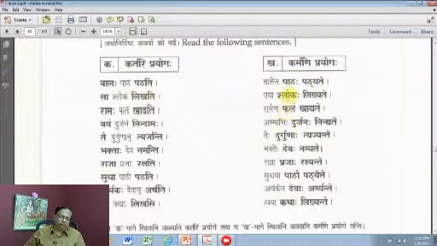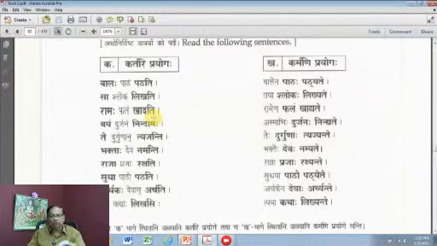Sa shlokam likhati. Taya shlokaha likhyate. Ramaha phalam khadati. Ramena phalam khadyate. Okay, let us see the three examples. Balaha patham patati. Just now we took up the same thing. Balena pathaha patyate. Now you have to simply observe the change brought about.